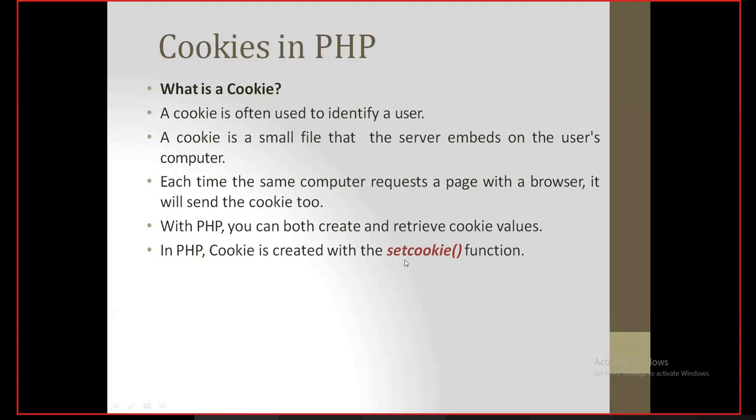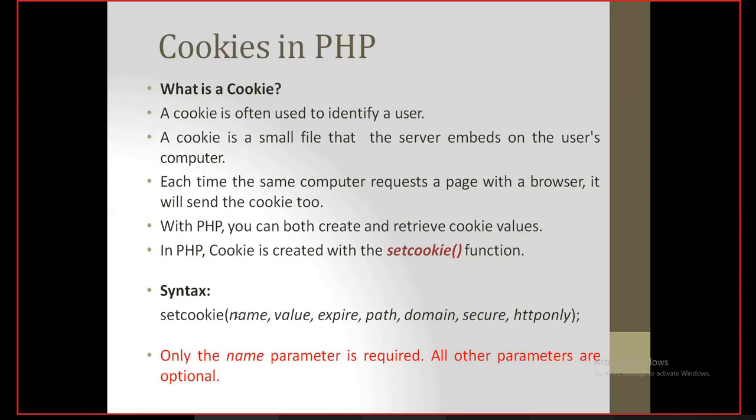Okay, so how do we set the cookie? We will use the set cookie function, and we will firstly have to provide the name for the cookie and the value for the cookie. For example, if I'm trying to store the login credentials, then my username will be provided as value for the name field.